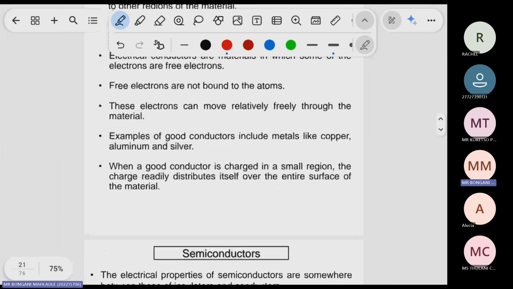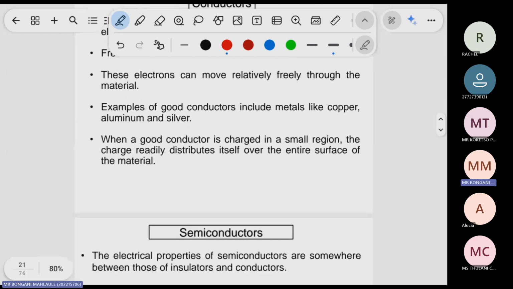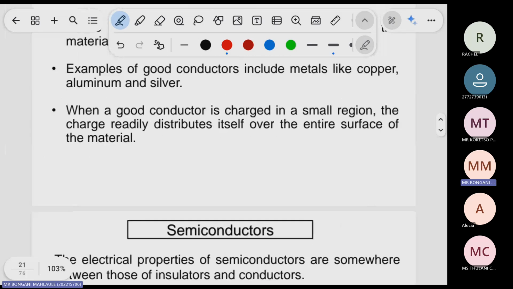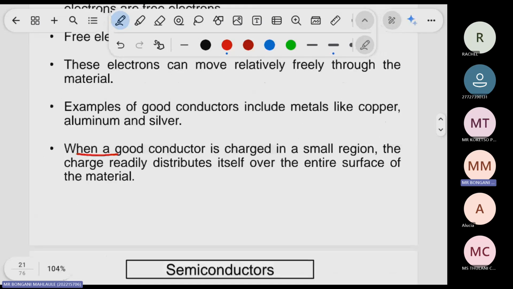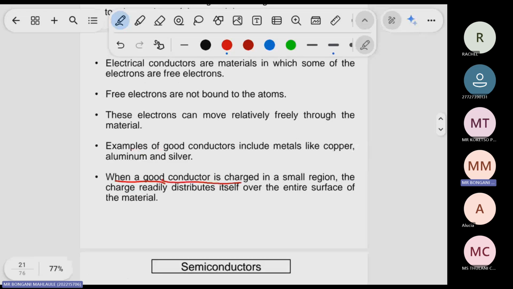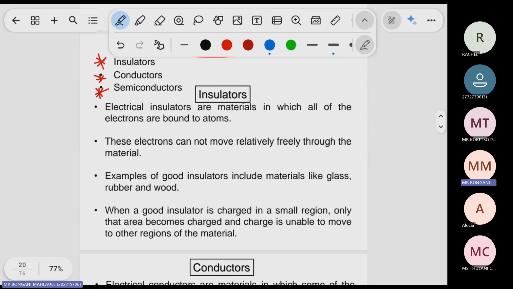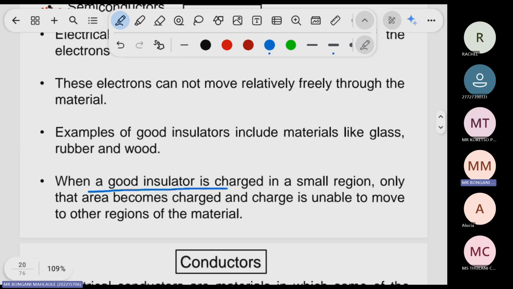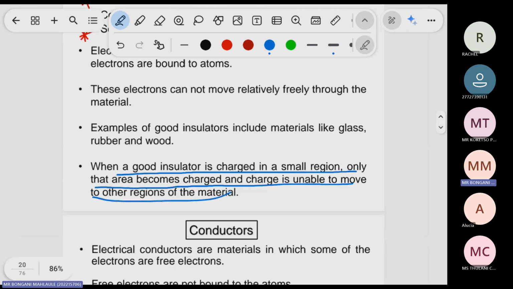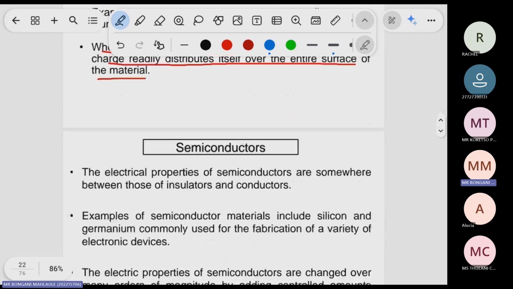That statement on test one: when a good conductor is charged in a small region, the charge readily distributes itself over the entire surface. But with insulators, when a good insulator is charged in a small region, only that area becomes charged and the charge is unable to move to other regions. So this statement here is important.